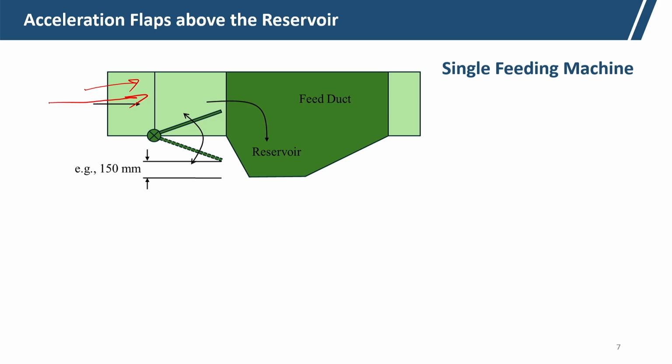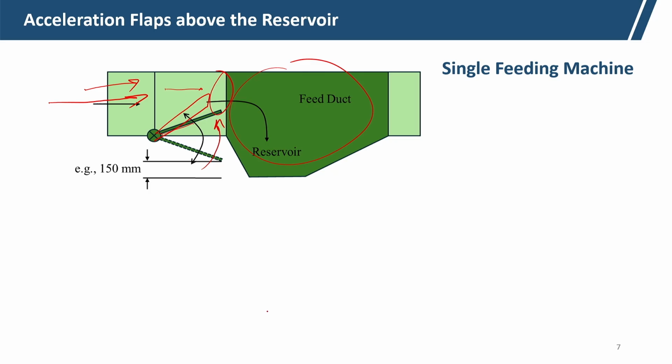If we want to accelerate the fiber motion, the air pressure has to be increased. Air pressure can be increased by reducing the gap. If we turn it in this upper direction, this flap will be closer here and the fibers get accelerated to the feed reservoir or feed duct.